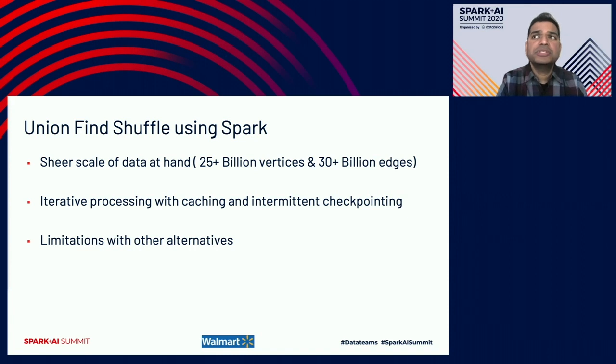The iterative steps are resource intensive in terms of I/O, because at the end of each iteration, a significant amount of data needs to be persisted to disk and not proceed to further iterations. To make that part efficient, we have taken advantage of features such as caching and intermittent checkpointing available with Spark. This has helped us improve the runtime significantly, and has also helped us overcome some of the limitations that we have seen with other alternatives.